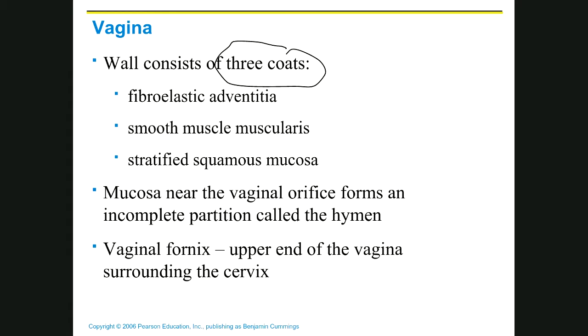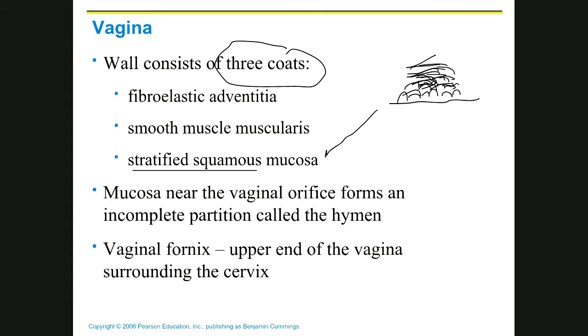So if you look at it from the inside out, inside is stratified squamous. Remember, stratified means you have more than one layer. In fact, you have lots of layers. So if you look at the basal layers, they look like this. But as you get further and further away, remember that it gets very, very flat. But there's a lot of layers.